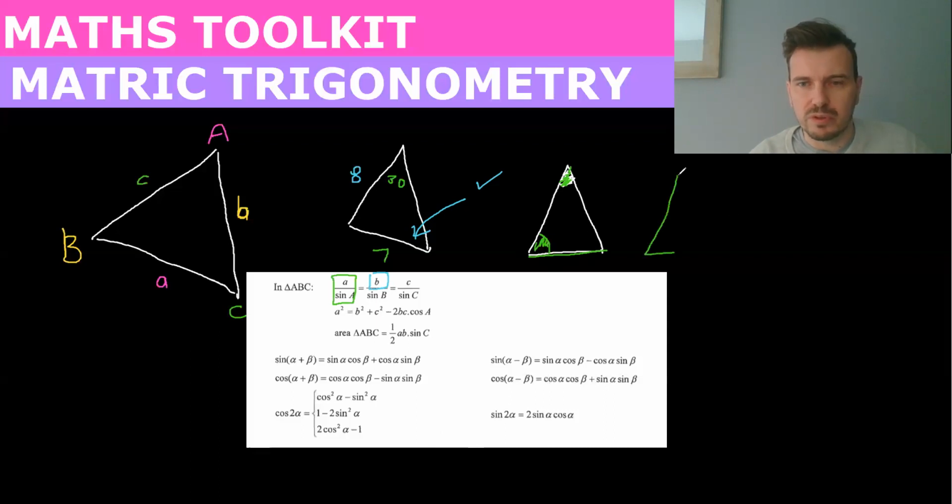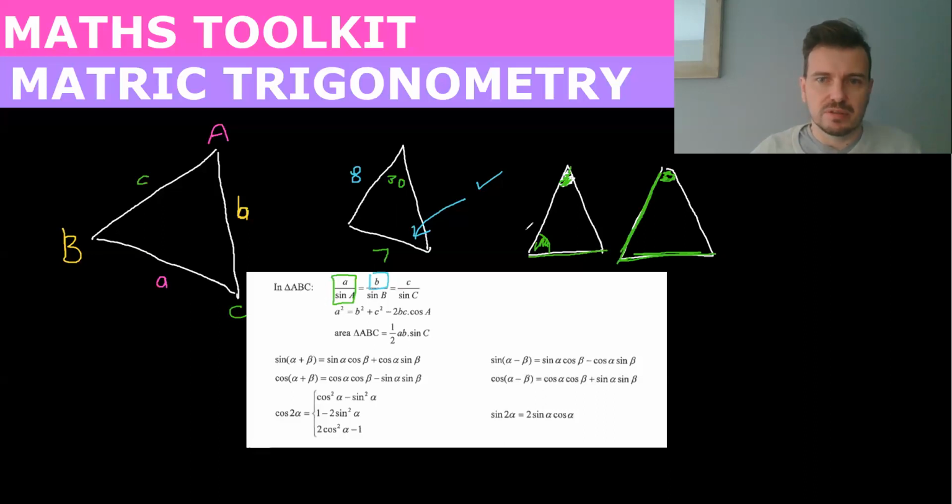Or you need an angle and an opposite side, and then any other side. So then you could use this formula here. So we'll just call this 1.